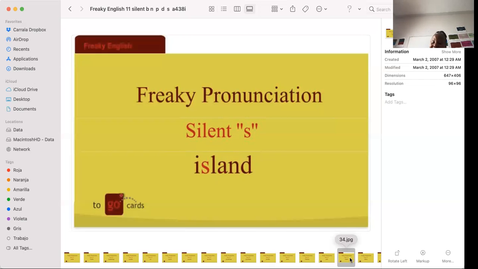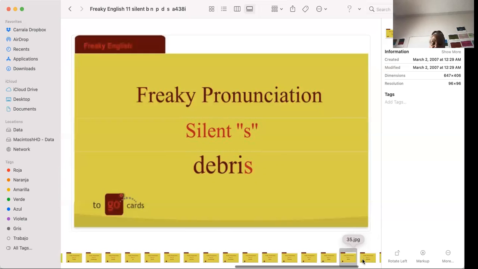Island. It is not, and I've heard this a zillion times by native speakers, pronounced with an S. And I said, what is that? I don't know, because it doesn't exist. The word is island. Now this is how you spell it.